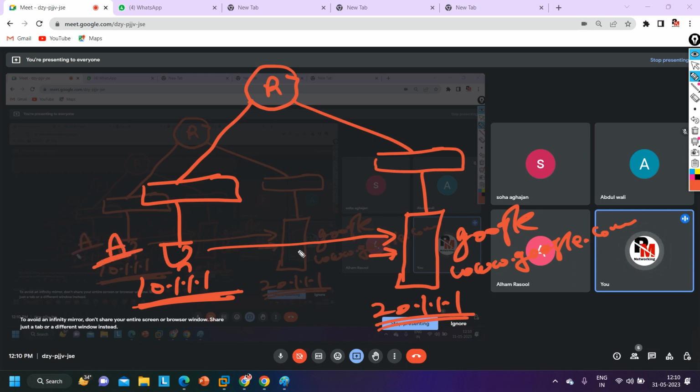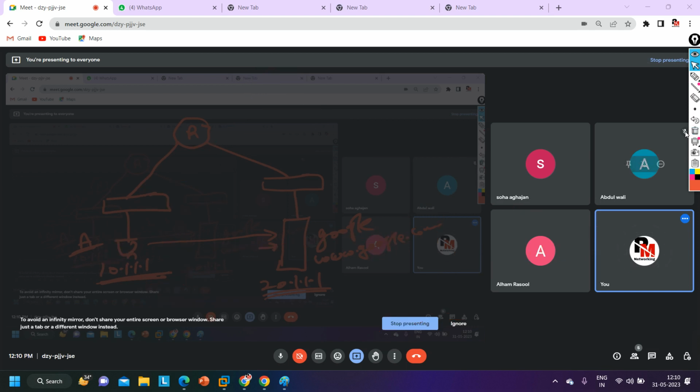Like here the application layer wants to access the Google web page. That is not possible through IP address. That is possible through port numbers, source port and destination port. And the transport layer is responsible for providing the source port and destination port to the data.